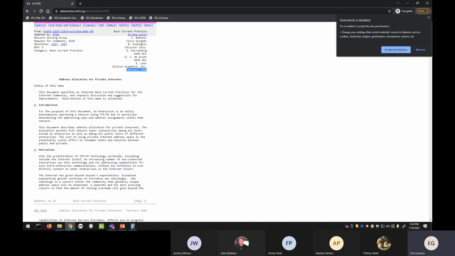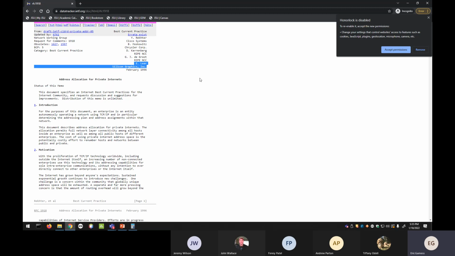So the people that worked on it are somebody from Cisco Systems, as you can see, somebody from Chrysler Corporation, somebody from RIPE NCC, another person from RIPE NCC, and another person from Silicon Graphics.